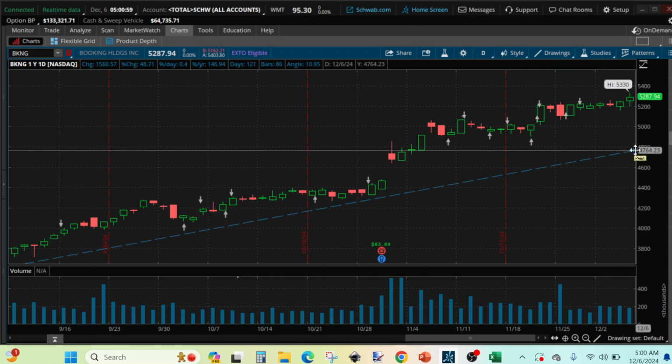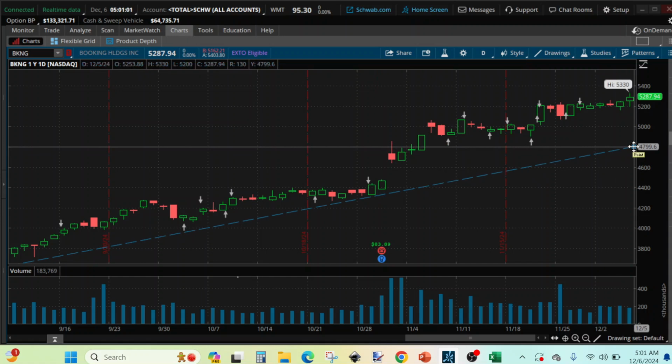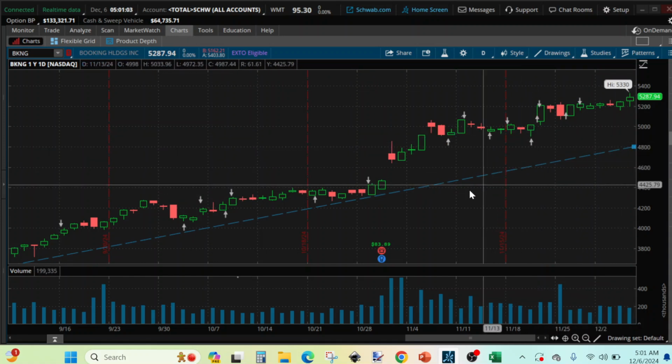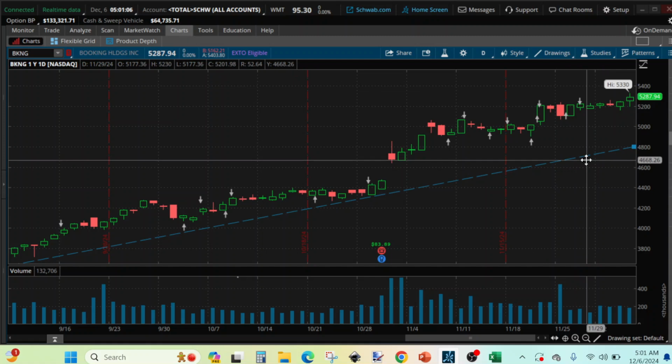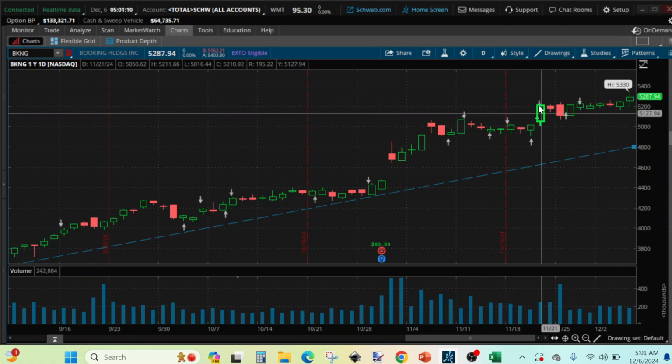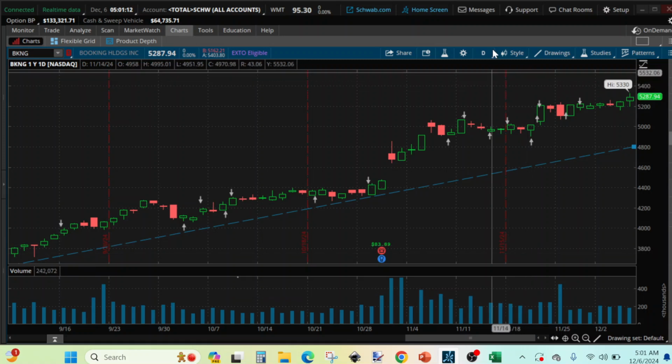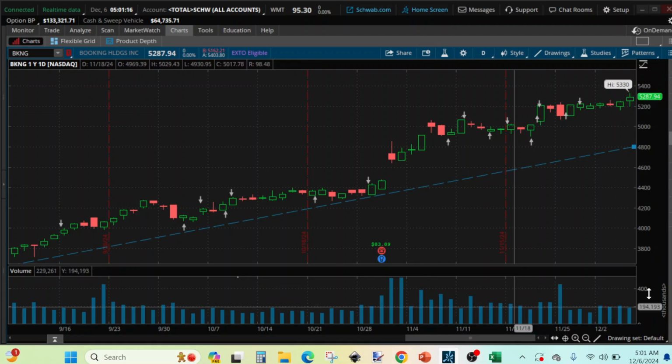But we can extend the line. And that is just the trend line showing the chart, the stock price progression. Every single bar on the chart is a daily bar. We are using a 1 year time frame from the beginning to the end on the x-axis, and the price is on the y-axis.